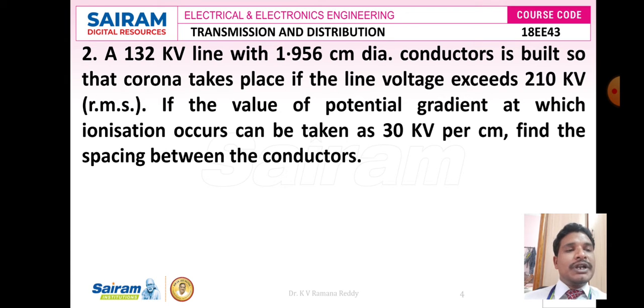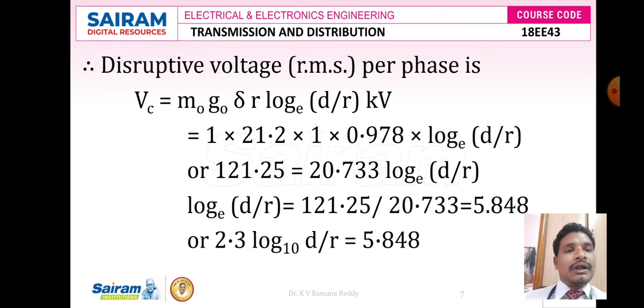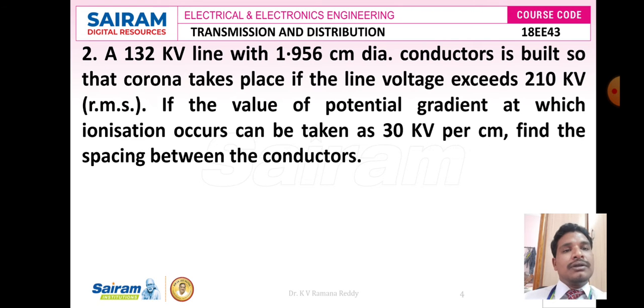If the value of potential gradient at which ionization occurs can be taken as 30 kilovolts per centimeter, find the spacing between the conductors. So the spacing between the conductors means we have to calculate the value of D here, according to the given data.